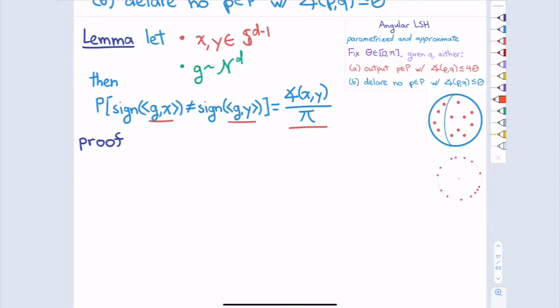Well, do we agree that this proof would be easier if it was in 2 dimensions? Yeah, okay. So it would be nicer to do 2 dimensions, and as usual, we're queasy and uncomfortable with high dimensional things.